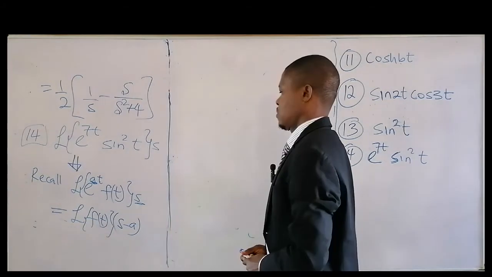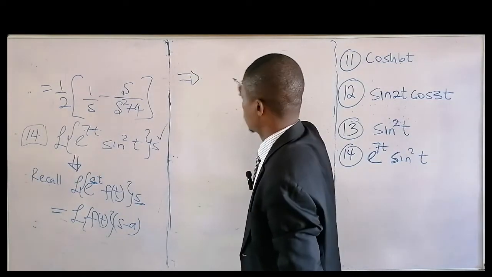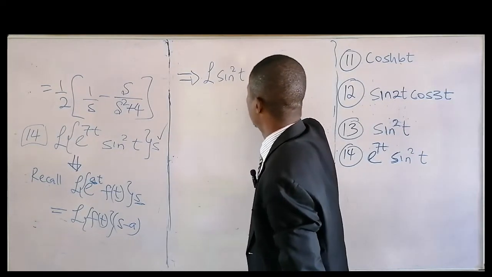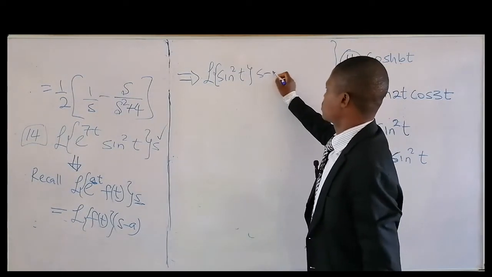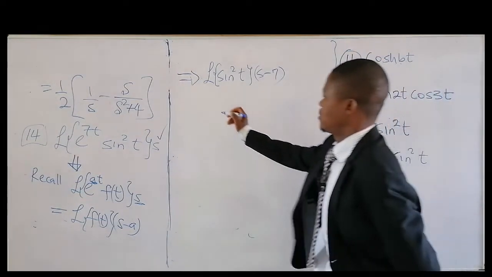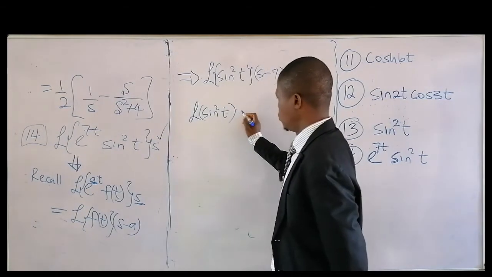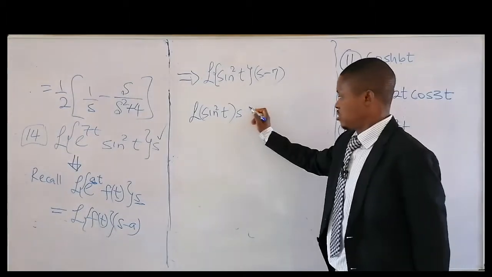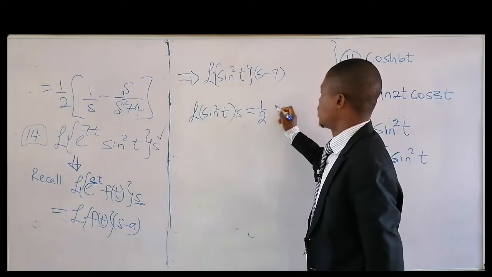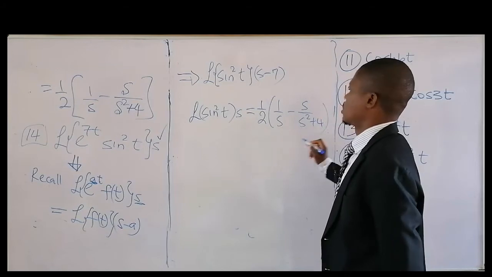So this will be equal to Laplace of sine squared t. Your domain now will be s minus 7. So we now go back. Don't forget that for the Laplace of sine squared t, we have the value when the domain is s. So this is what we just got here, which is 1 over 2 into brackets this.